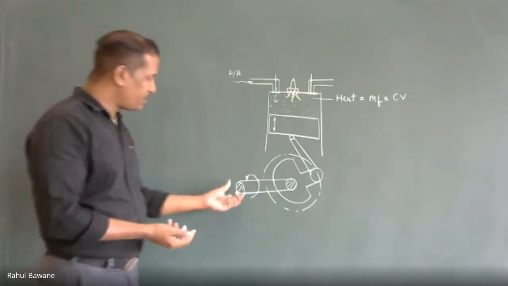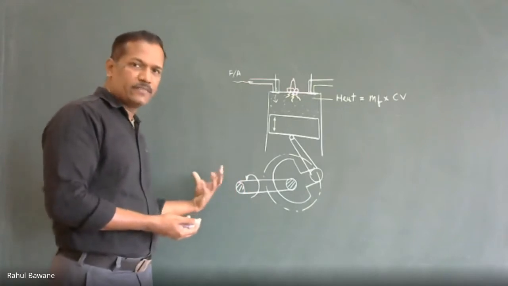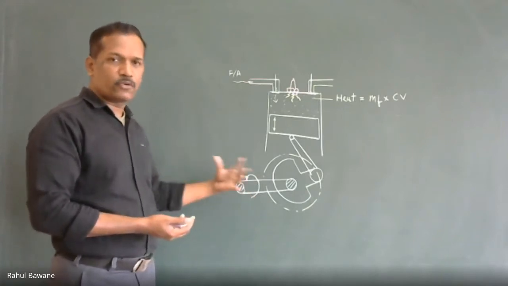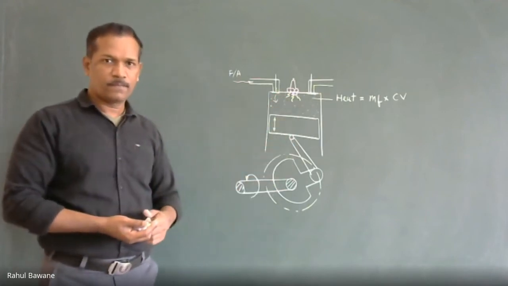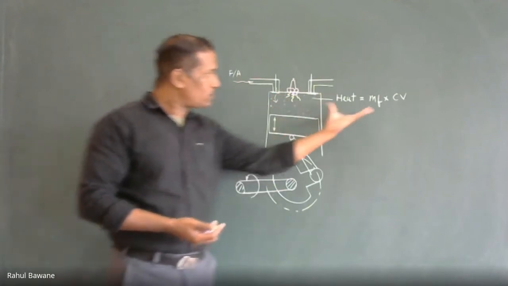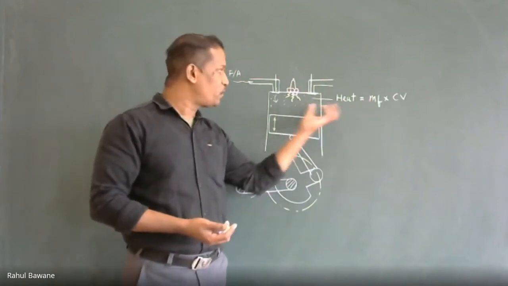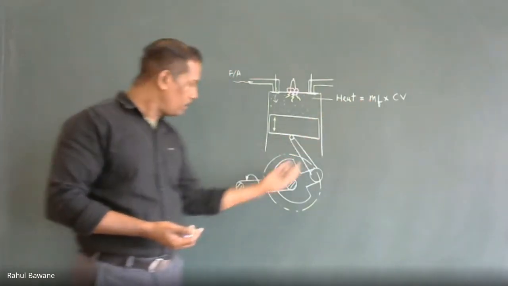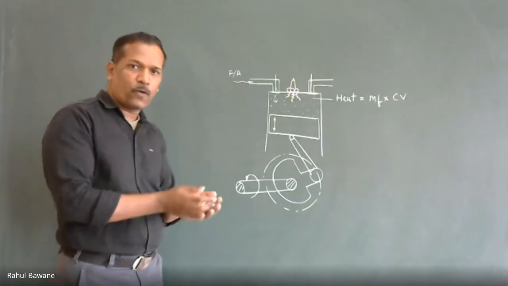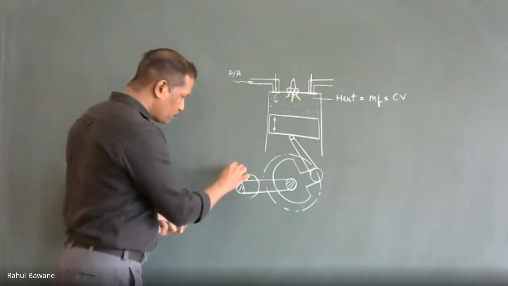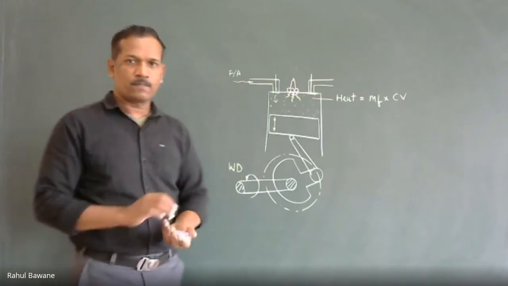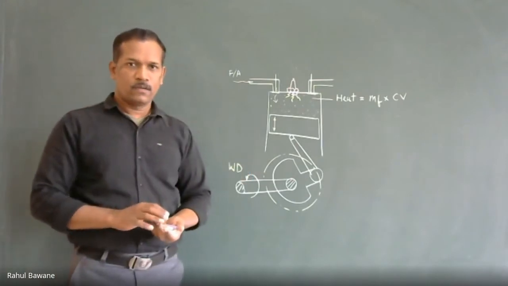No doubt this shaft is further connected to the wheels, and the wheels rotate and carry your total load, the total vehicle. But the total heat generated by burning of fuel is not available for this output work. Why?